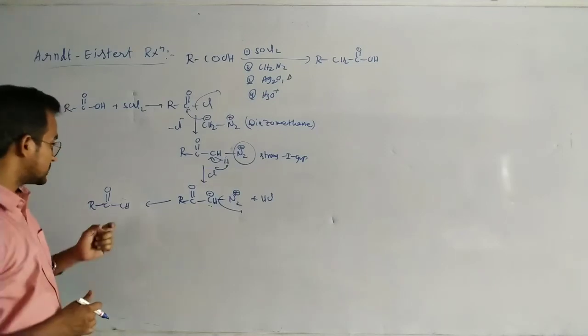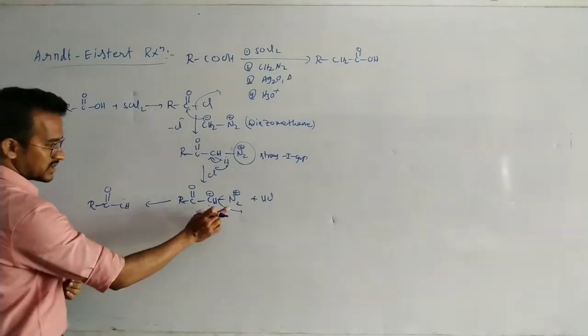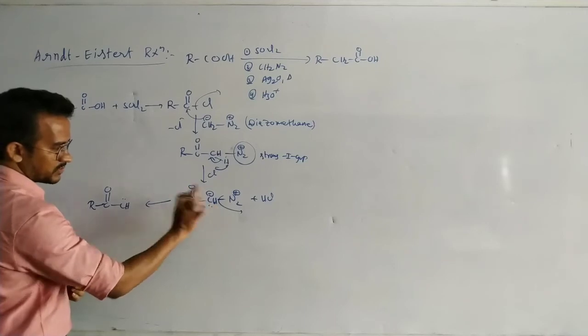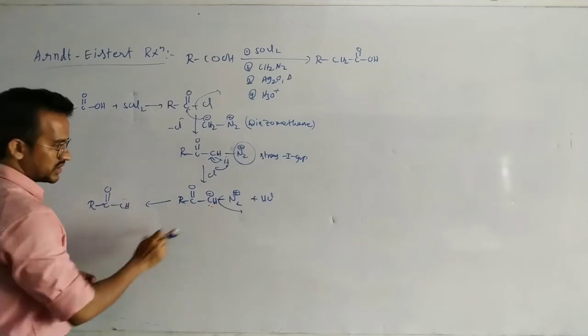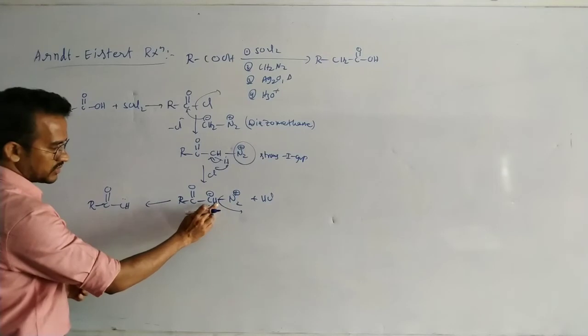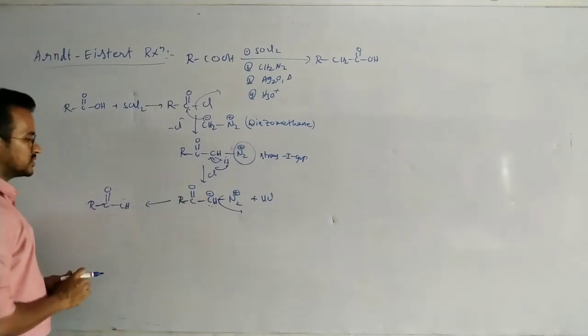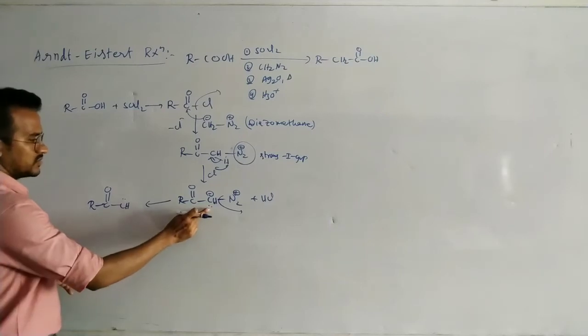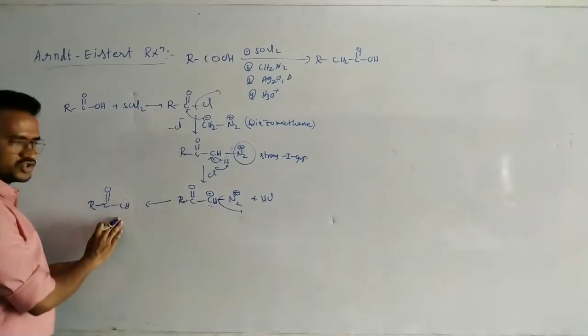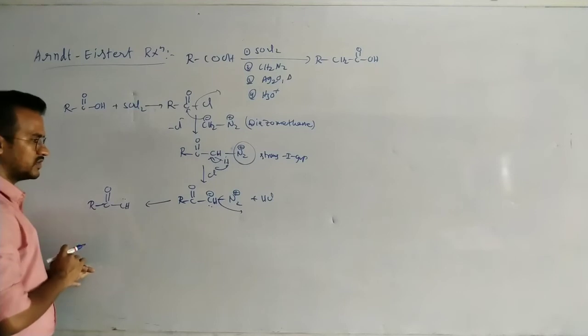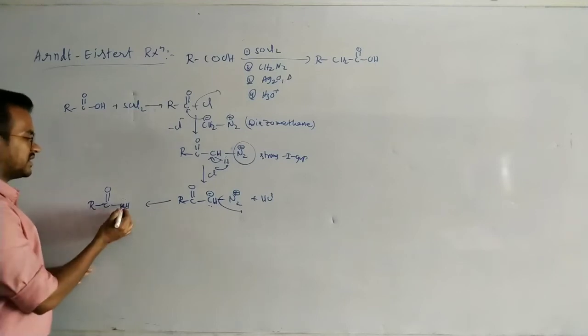By loss of N2, this molecule leaves with a pair of electrons. So the negative charge and this one carries a positive charge, negative, positive, neutral. Then the remaining 2 electrons but no charge. It is a carbene type, so generally it is electron deficient.